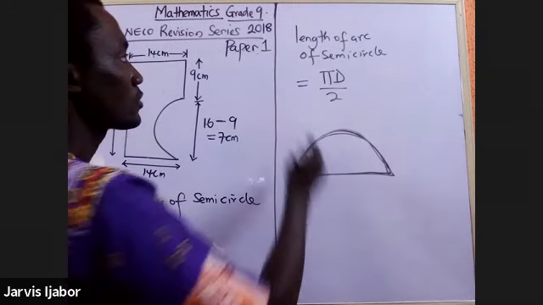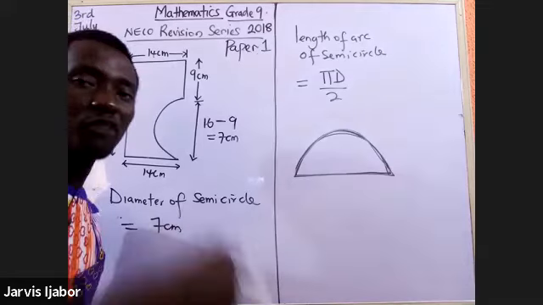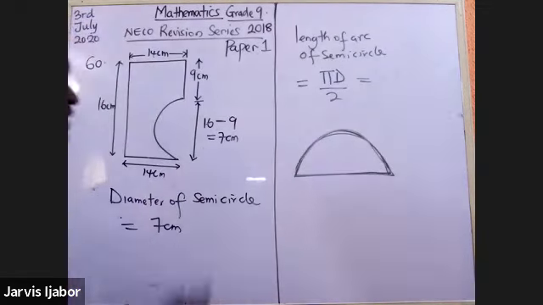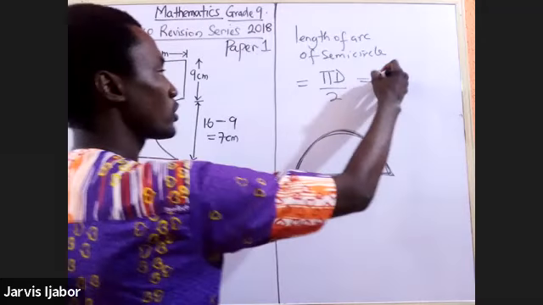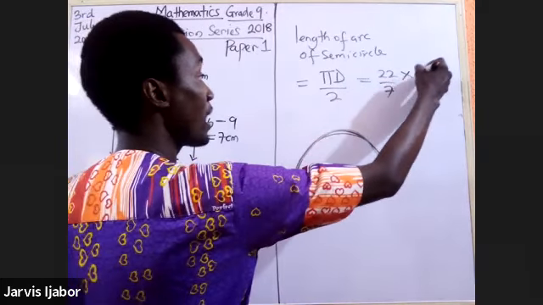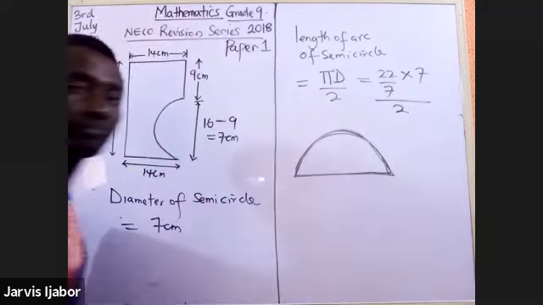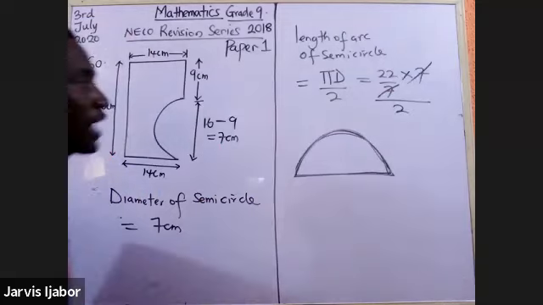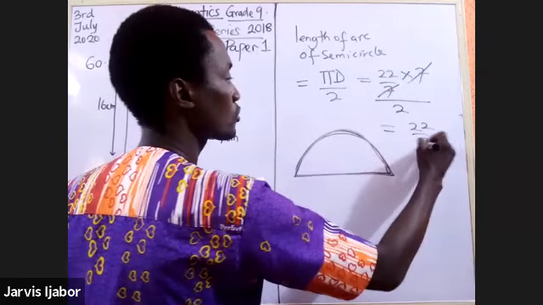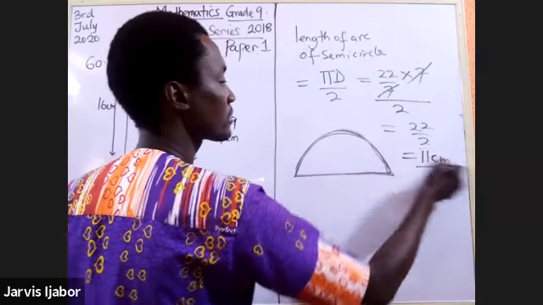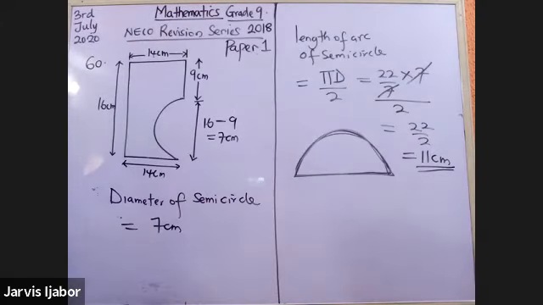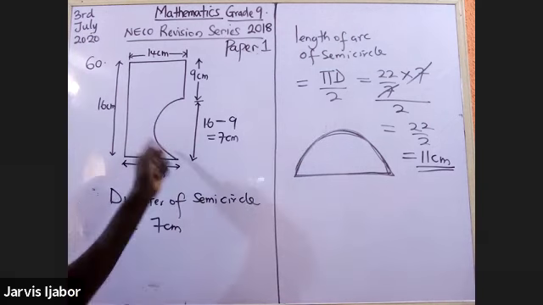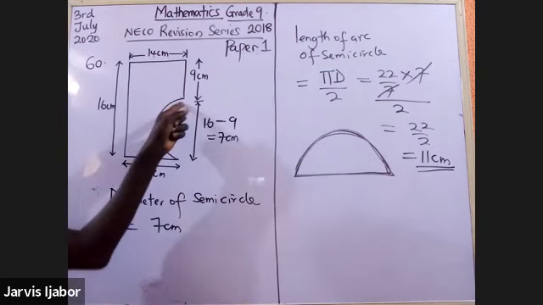Now, the length of arc will be half of the circumference of the circle. So what is the diameter? The diameter is 7. So that will be 22 over 7 times 7 all over 2. This will cancel this. And I'll be left with 22 over 2, which will be 11 centimeters. So 11 centimeters will be the circumference of this, rather the length of this arc.